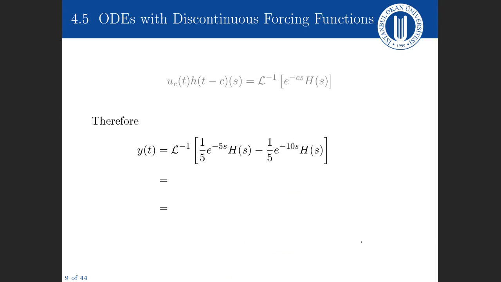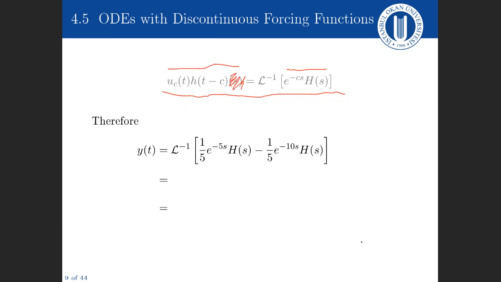Because we know small h, we now can find small y. Here's our formula at the top. We want to do the inverse Laplace transform of e to the power minus cs capital H, and we know that this must be the same as the unit step function multiplied by h at t minus c. There's a typo here.